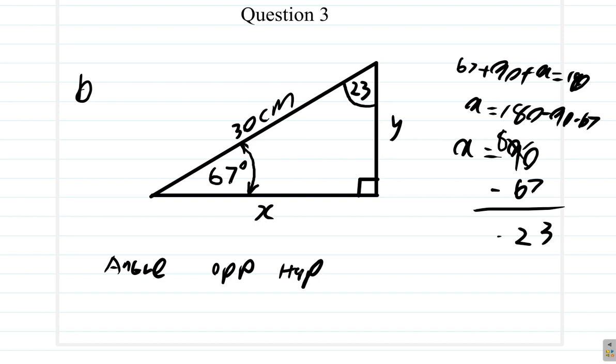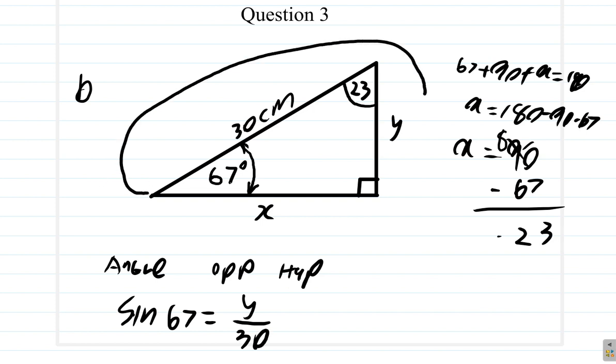Sine of the angle, which we have, is opposite, which we want, over the hypotenuse, which we have. So sine is the most convenient one to use here. So sine of 67 is the opposite, which is y, over the hypotenuse 30. And remember, the 67 is on the left and the side we want is on the right. So they are on opposite sides.